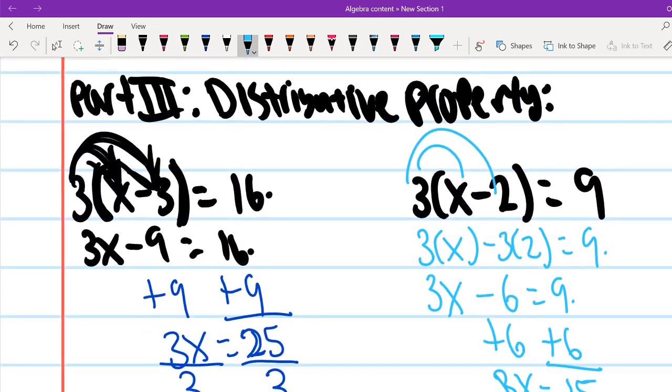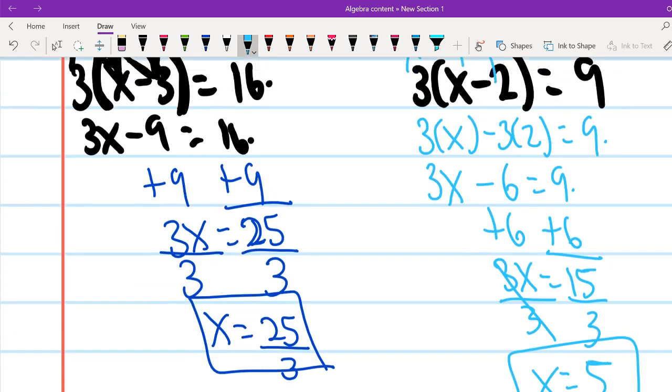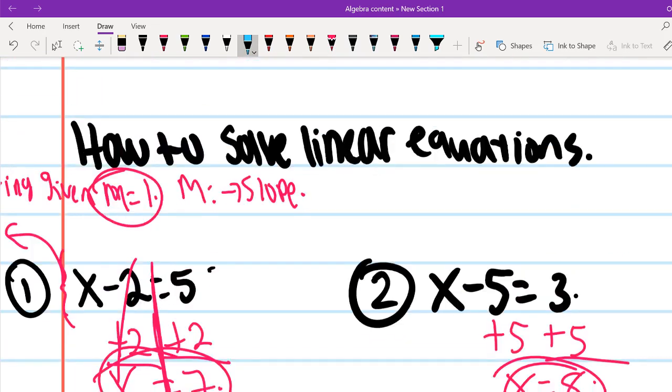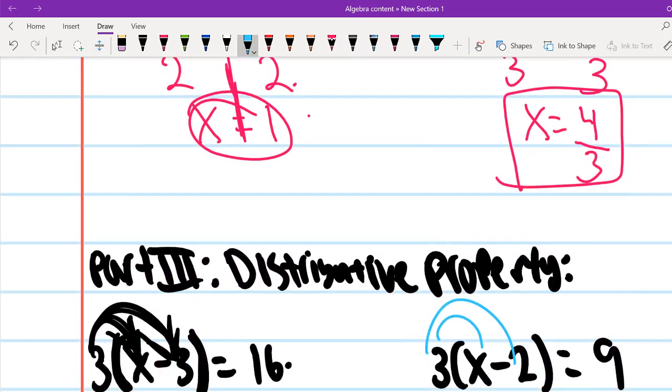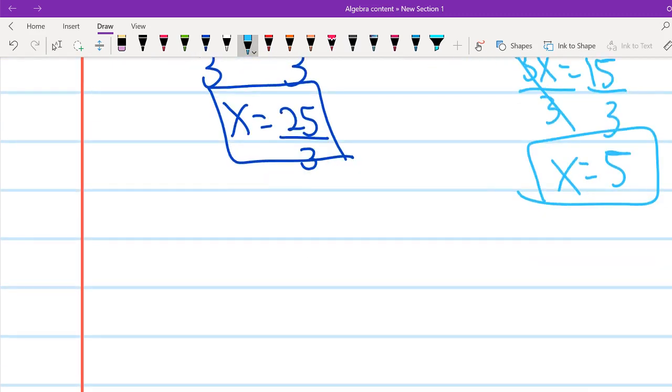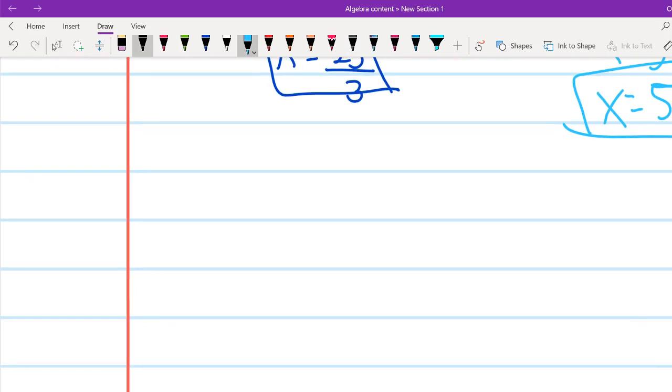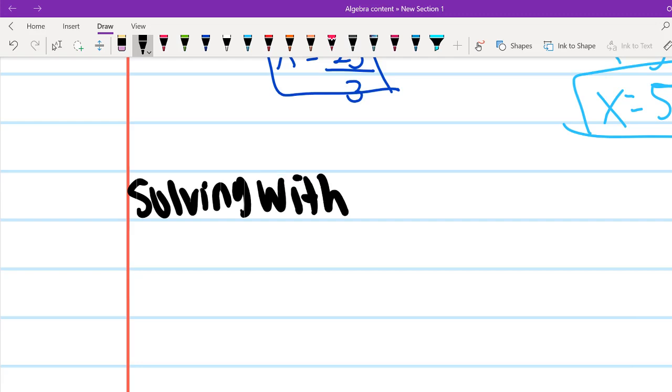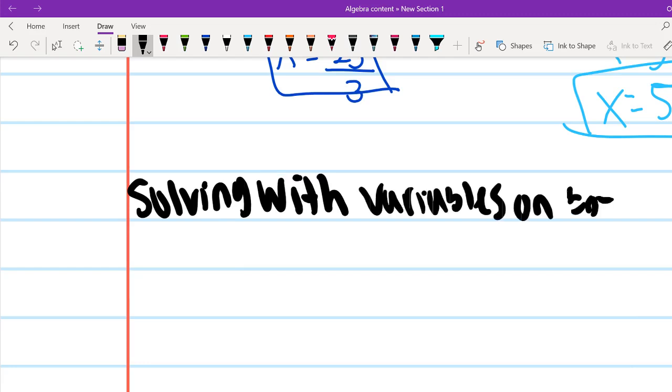There's another type that I want to introduce. It's called solving with variables on both sides.